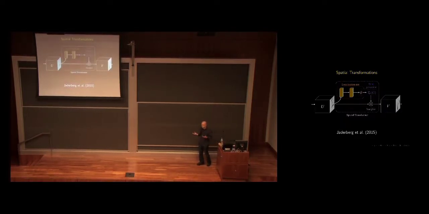And to solve this task, these authors designed this little module that ran within a neural network and it consisted of a subcomponent that estimated the parameters of the transformation, and then another subcomponent that generated a lookup table or sampling grid that was appropriate for inverting that transformation, and then another component that actually applied that sampling grid to the input and produced the output according to the remapped version of the input.